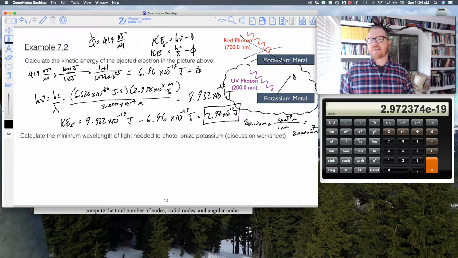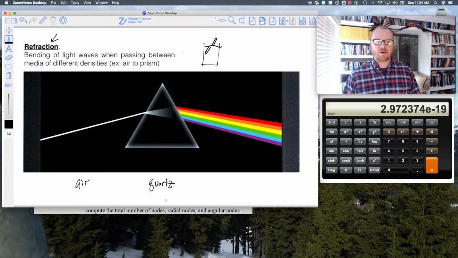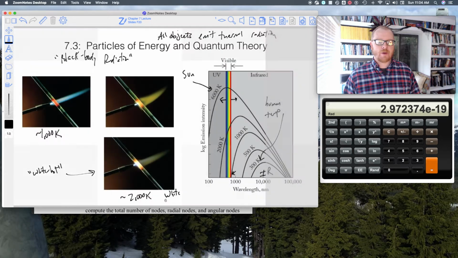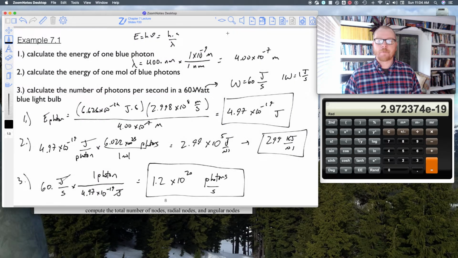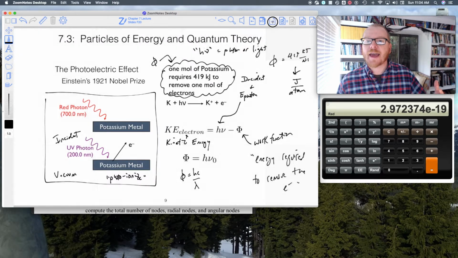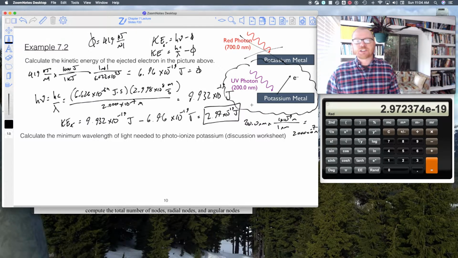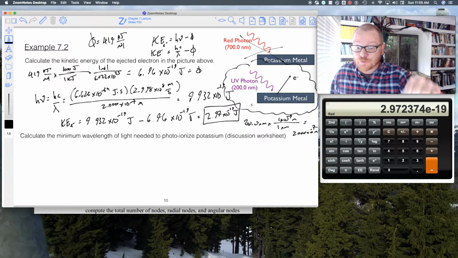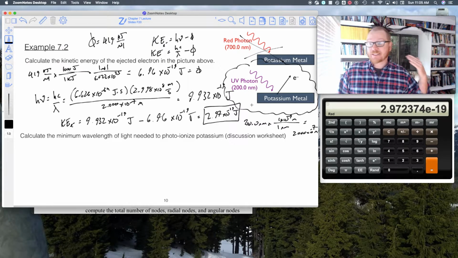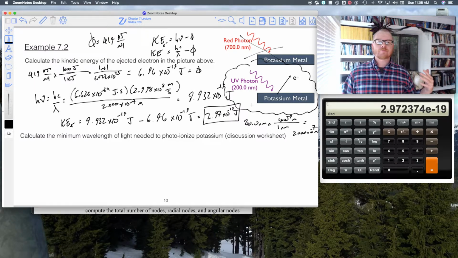And so just like we did in that previous example, going back here, I'll show you, maybe I passed it already. In this example, we can take our energy of one photon and multiply it by a mole, and that gives me the energy of a mole of photons. Realistically, you're not going to be shining one singular photon on one singular potassium atom and knock out one single electron.